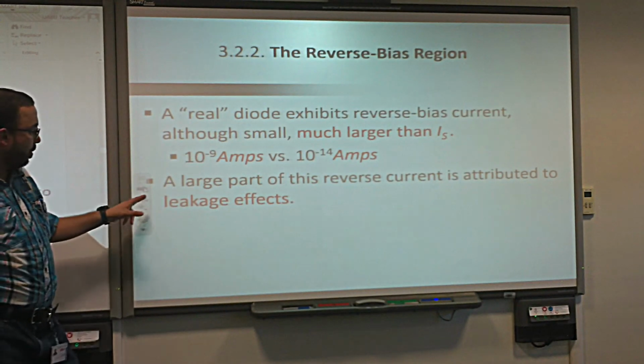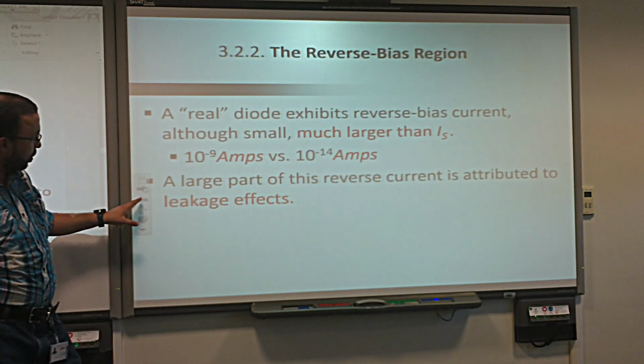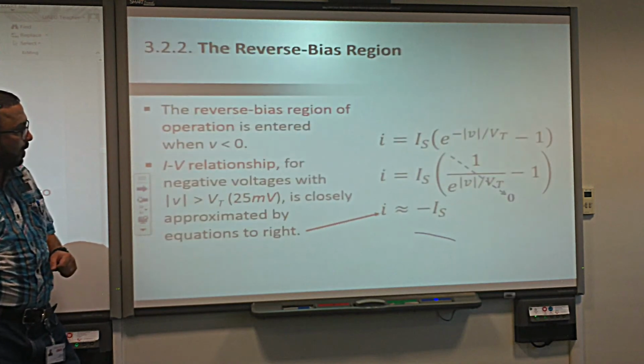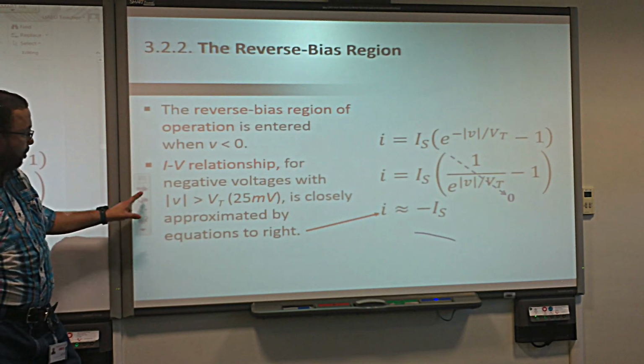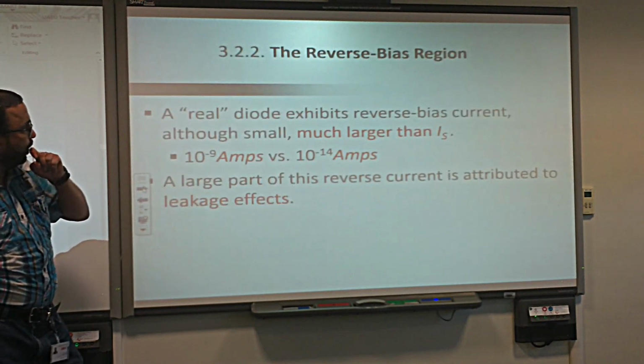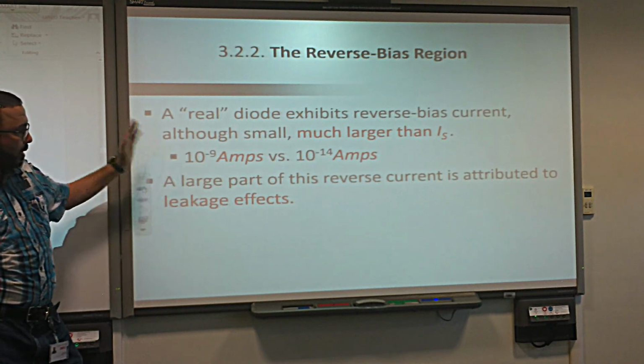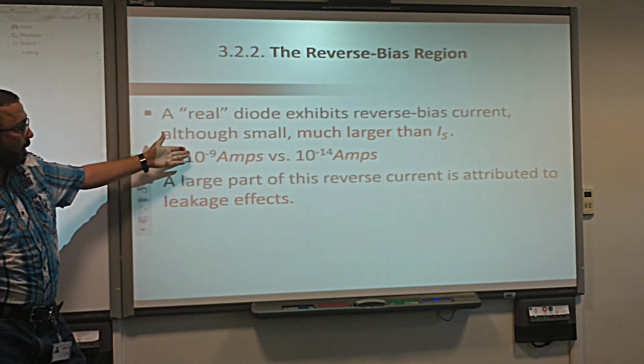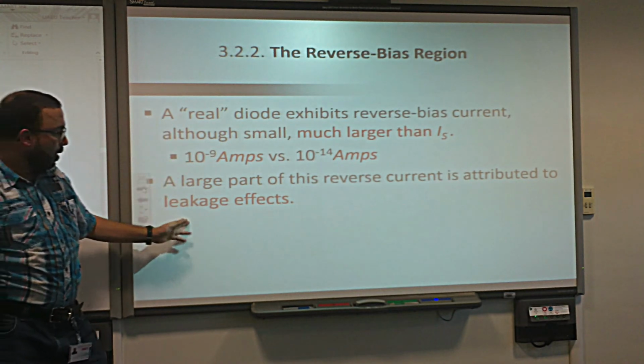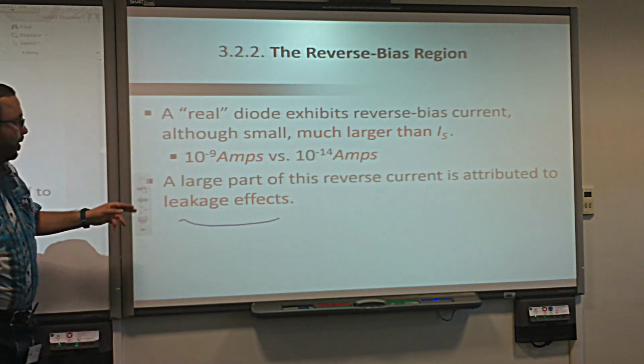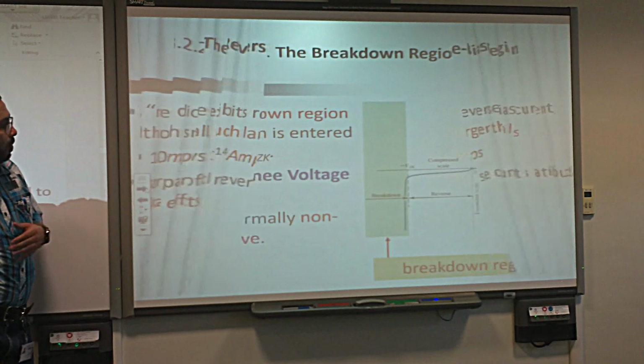Extremely small. You have to have a very good ammeter to measure that current. The real diode exhibits that, and that current we call the saturation current, or the leakage current.